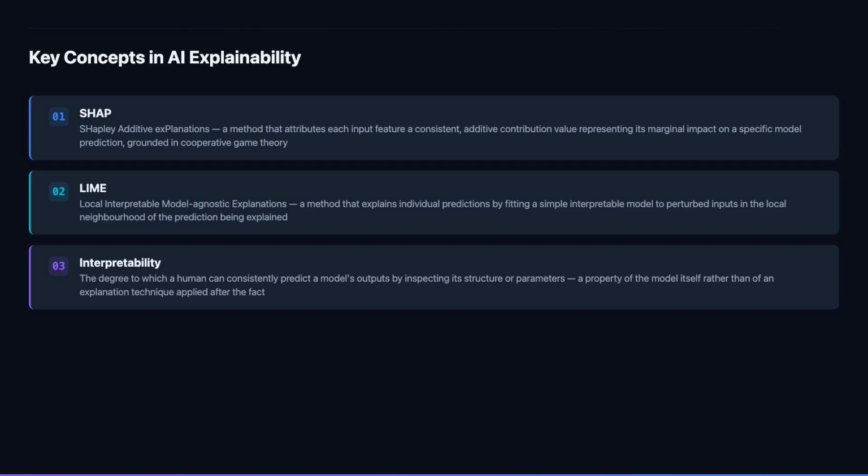A logistic regression model is highly interpretable. Its coefficients directly express the log-odds contribution of each feature, and any analyst can read the model parameters to understand its decision logic. A deep neural network with millions of parameters is not interpretable in this sense. No human can read its weights and understand its decisions.